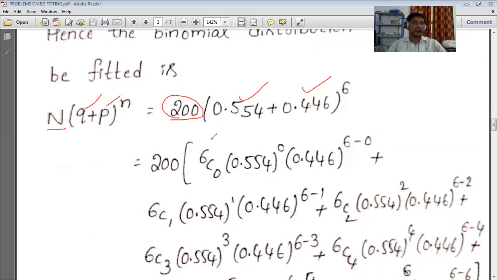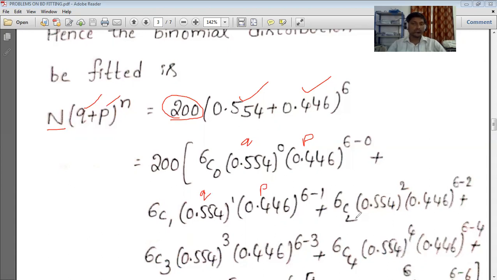Now 200 into, so the binomial expansion we are applying: 6C0, so q power 0 and p power 6 minus 0. So 6C0, this is q and this is p. Next, the second one, 6C1, this is q power 1 and p power 6 minus 1.